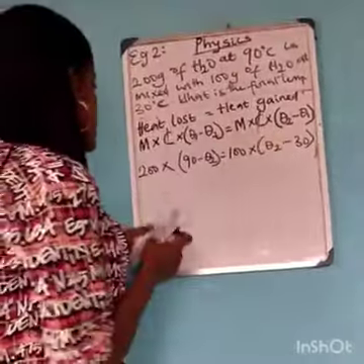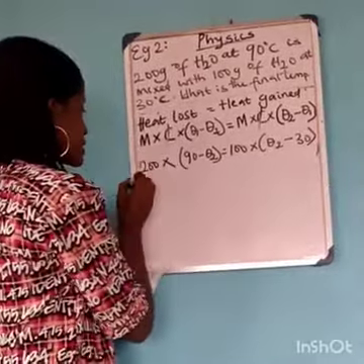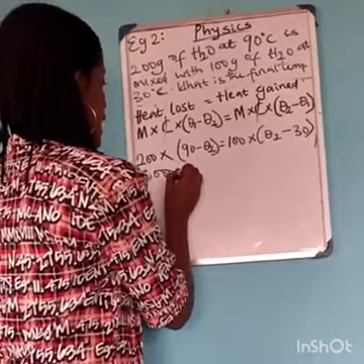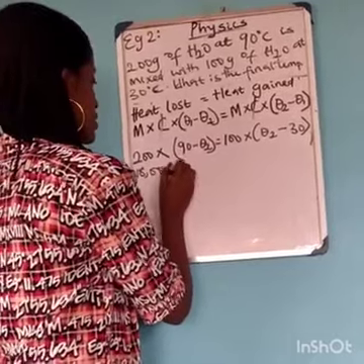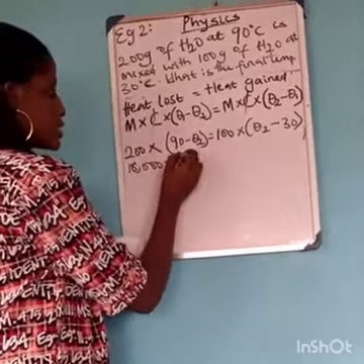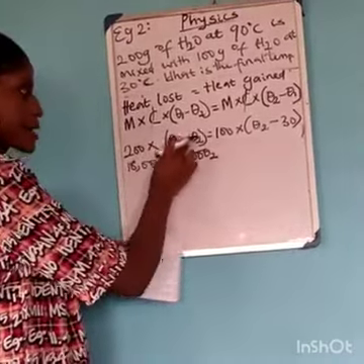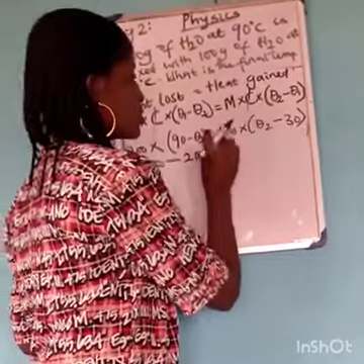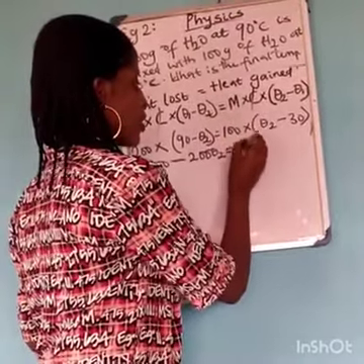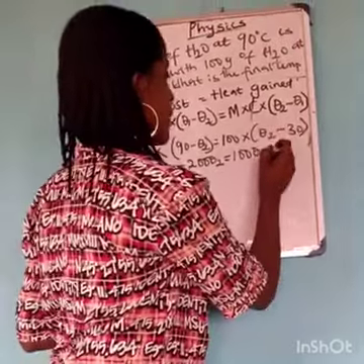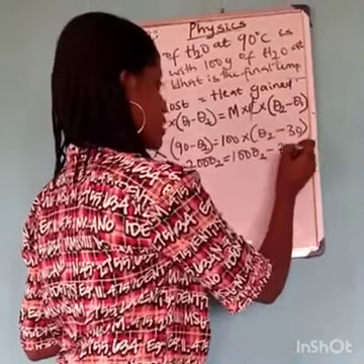Open up the bracket. 200 times 90 will give us 18,000 minus 200 times theta 2, that's 200 theta 2, equal to 100 theta 2, 100 times minus 30, minus 3,000.